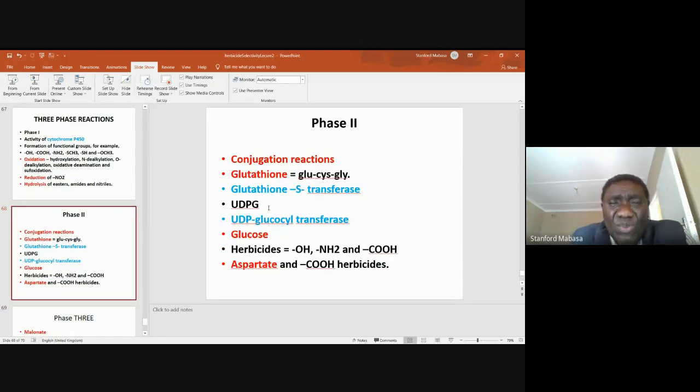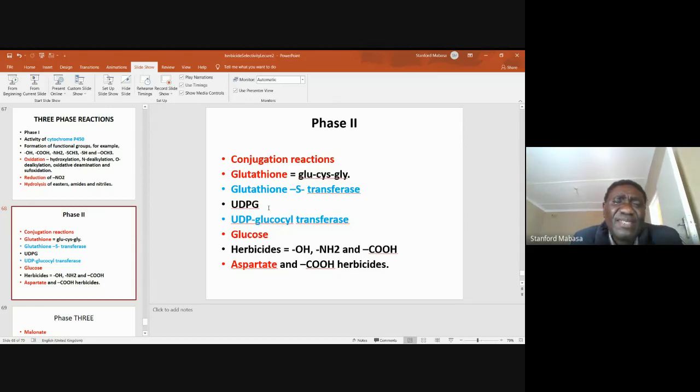Then in phase 2, we talked of conjugation reactions. Basically, there is glutathione, which is composed of 3 amino acids, glutamate, which is joined to cysteine, cysteine, which is joined to glycine.